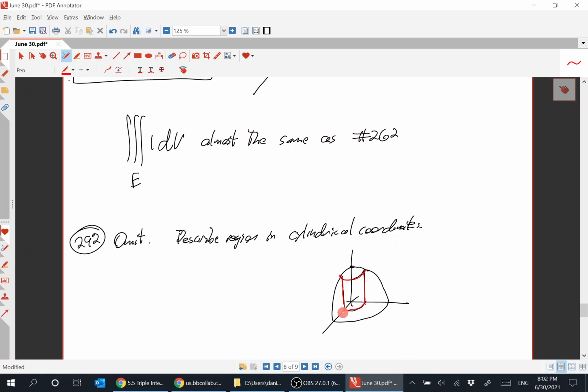And so that goes away, and you're just left with this red bit here. So you would calculate 1/8 of the volume, and then multiply your answer by 8.